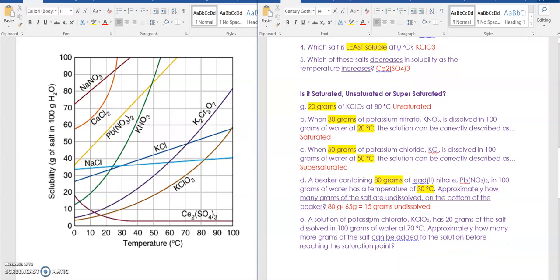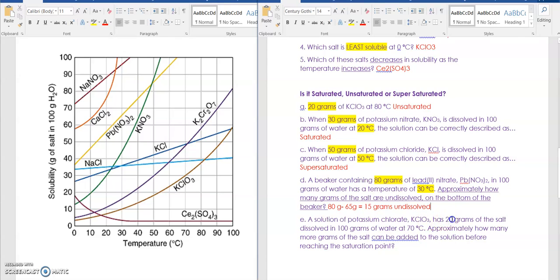Let's keep going. Letter E, a solution of potassium chlorate, KClO3, has 20 grams of the salt dissolved in 100 grams of water at 70 degrees. Approximately how many more grams of the salt can be added to the solution before reaching the saturation point? So I can see that it tells me what my chemical formula is that I'll be looking for.